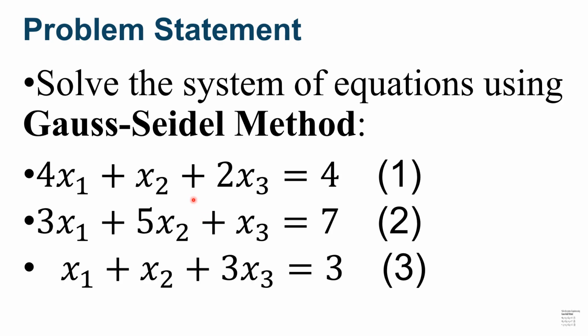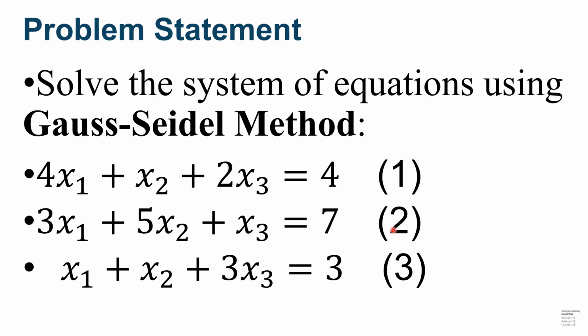Same, here plus 2x3 converted to the right side becomes minus 2x3. Then everything is divided by 4.